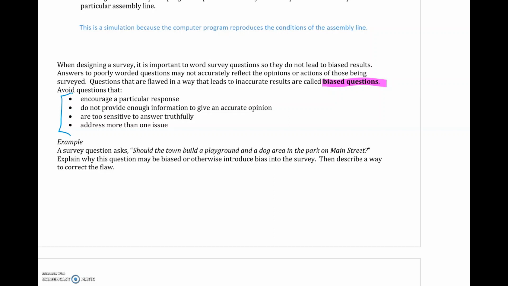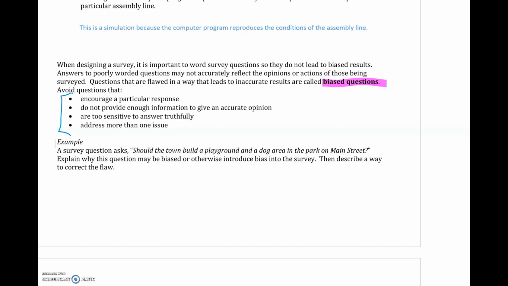In this situation, it's not really encouraging any particular response. It's not saying something like, would it be good for kids to have a playground? That's not worded very well, because it's kind of leading people to say yes, we want the playground. We don't want to lead into that. So we don't have that. It gives us enough information. We know we're looking at a playground and a dog area in the park on Main Street. So that's good.